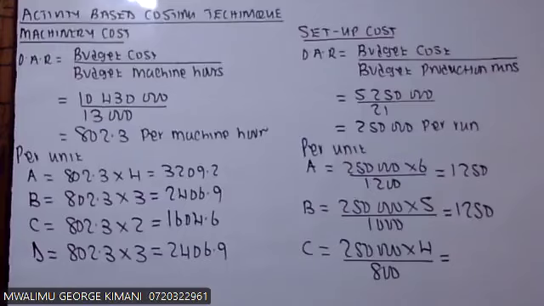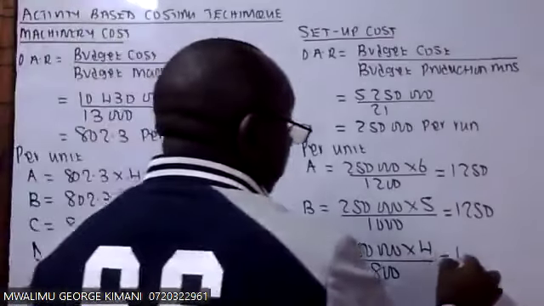Is it 2,000 or 1,250? Yeah, so uncheck yours. It should be 1,250 also.